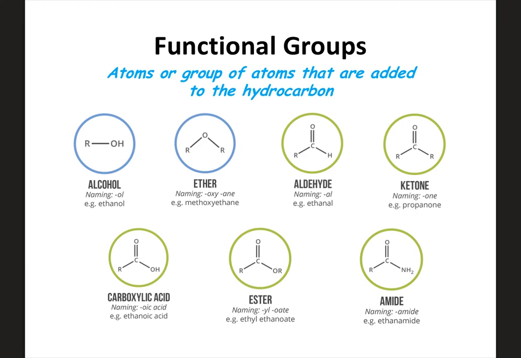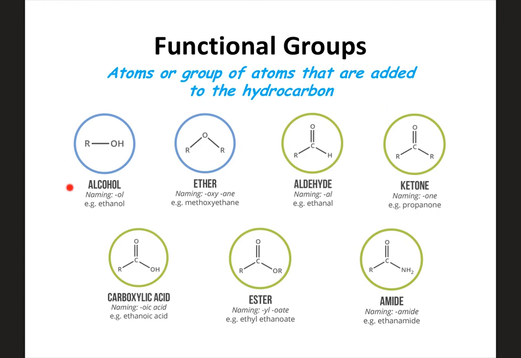And the last one you're responsible for knowing are amides. This would be when you have that carbon group attached to a C double bond O, and then you have an NH2 group sticking off there, some type of N group hanging off of that. That would be an amide, and we name them using just the word amide here. So C double bond O with this N group hanging off of your carbon, that's going to be an amide.